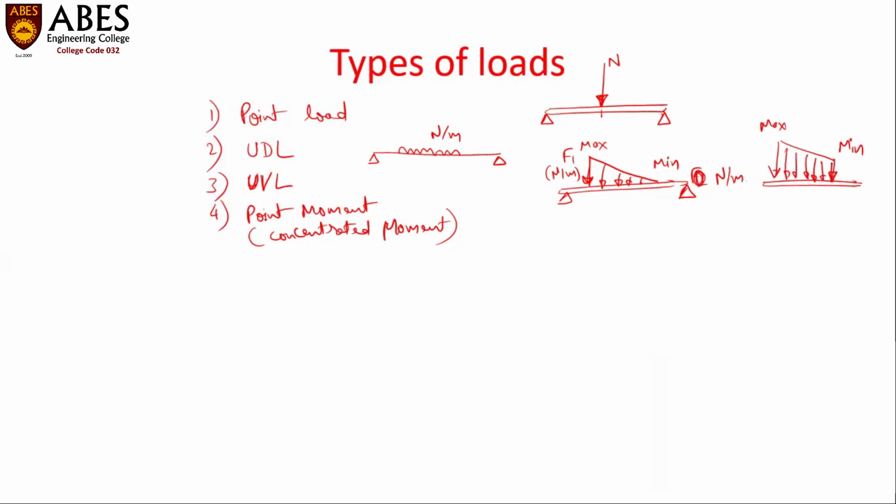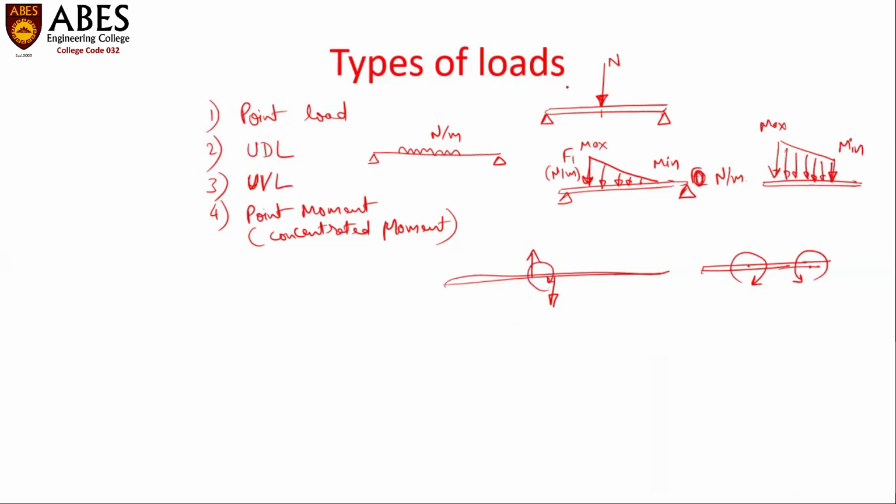Next one, the last one is the point moment. In case of point moment, what happens? Two equal and opposite forces act parallelly at a particular distance, which actually cancel out each other. The effect of forces cancelling out each other, but because of this gap, it creates a pure rotational effect. So it is shown on the beam like this. It may be clockwise or it may be anti-clockwise. And please remember, it is not a force.